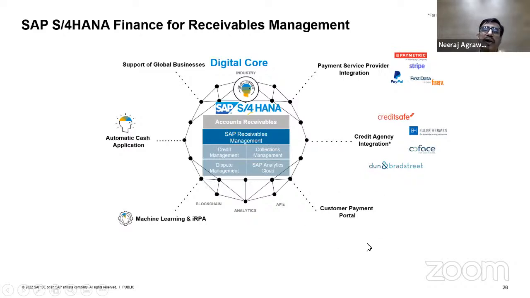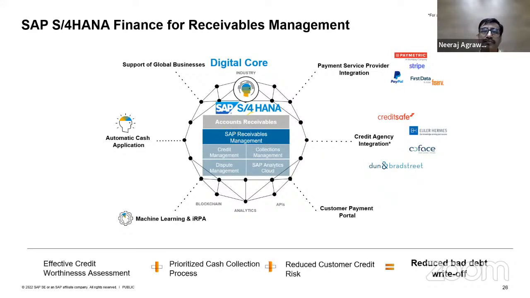And then the customer payment portals, where you can see the customer payments and what they're paying and how things are working. So all these things work with the intelligence. So this is a brief overview of the things.